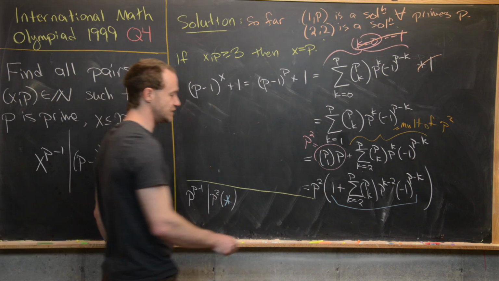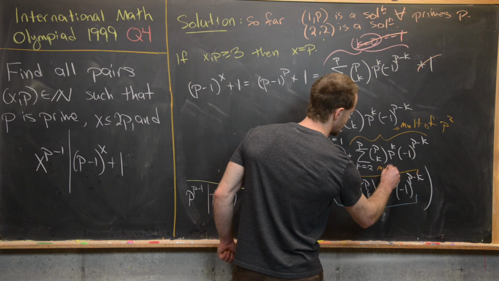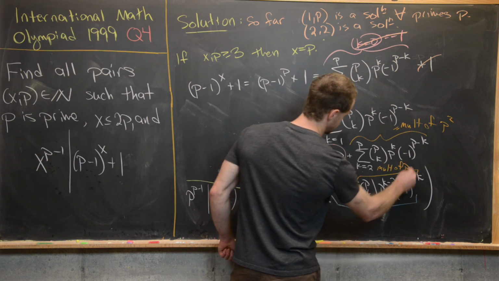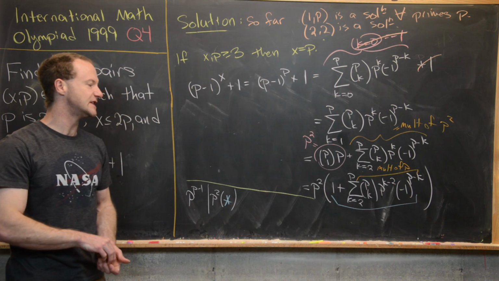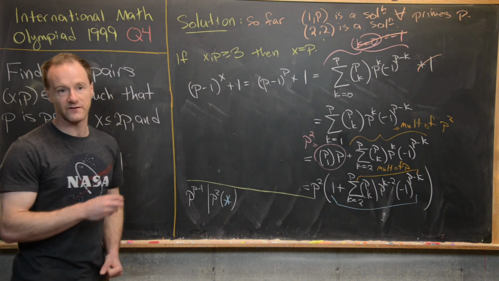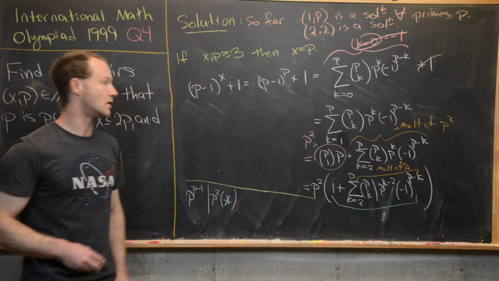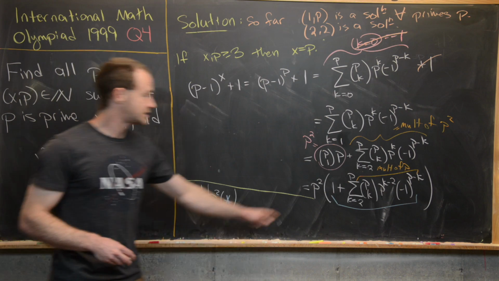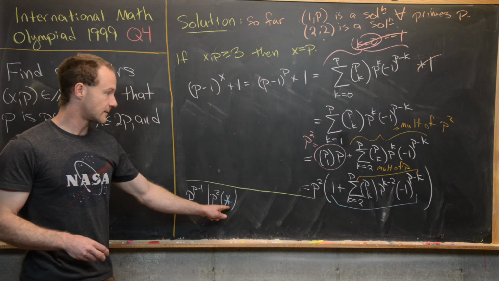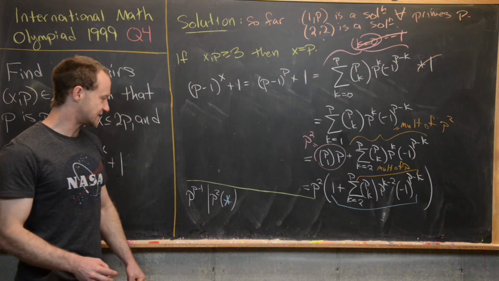And then what's important to notice here is that everything here is a multiple of p. And that's because p choose k is always divisible by p for the appropriate values of k that we have there. So that whole sum right there is a multiple of p. So that means this blue star is 1 more than a multiple of p. So that means it's not divisible by p.